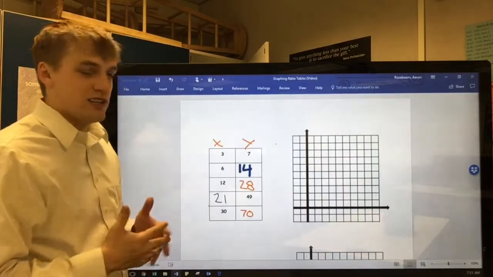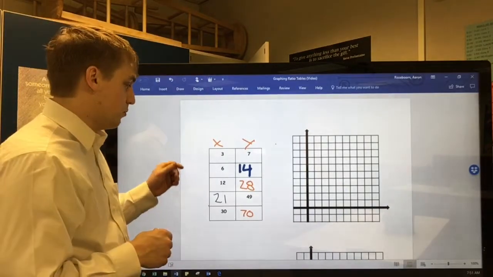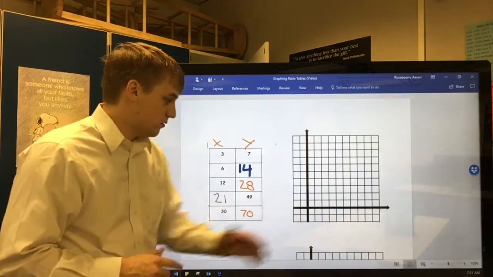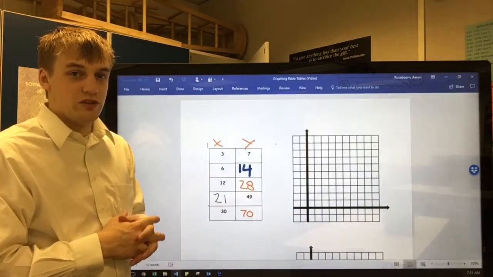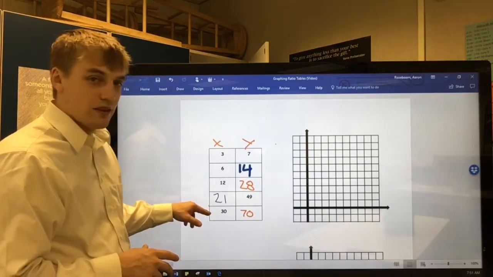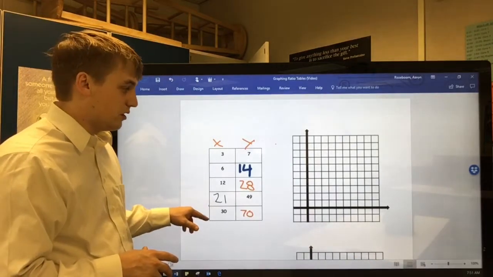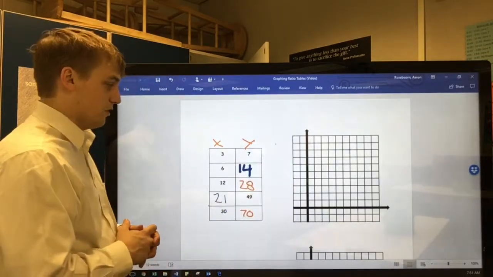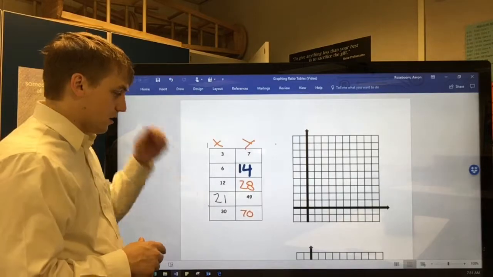The biggest thing with the coordinate plane is that you mark what you're going to do for increments. The x and the y increments do not need to be the same. So you have to think about how you can fit all these numbers on there and use most of the graph. So what I do is I count.